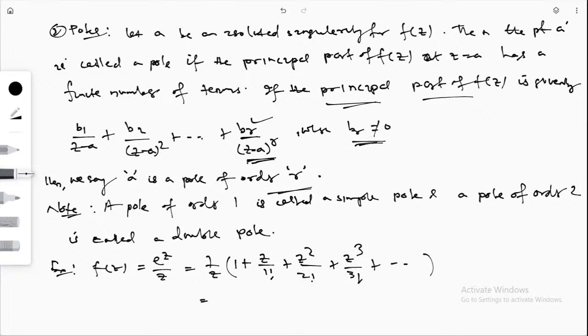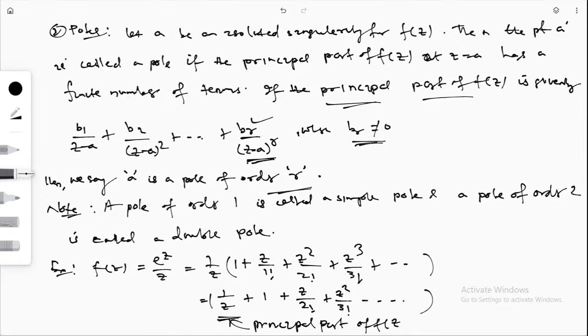If I multiply by 1 by z, this will be 1 by z plus 1 plus z by 2 factorial plus z square by 3 factorial, like this. So what is the negative power of z here? This is the negative power of z, so I can say this is my principal part of f of z, and in the principal part there is only one term.